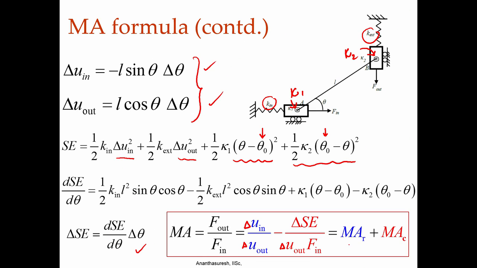If you do that, you will get the blue part, which is the kinematic part, and you get the compliant part. Again, for the compliant part delta SE, you have to look at this term, dSE by d theta into delta theta. If you say delta theta is positive, then you have to look at these expressions to see if there is a chance for them to become negative, because unless delta SE is negative, we are not going to have a positive contribution towards the total mechanical advantage, because MAR will be what it is, and then we have to add something positive.